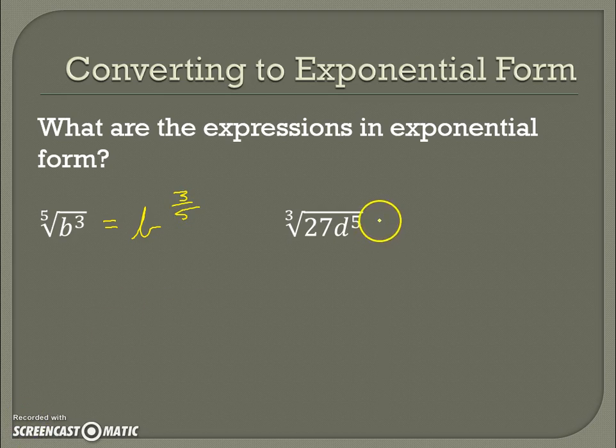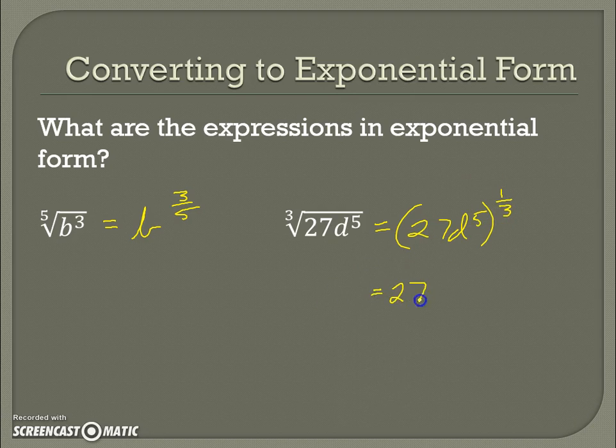And for the second one, I'm going to rewrite it in exponential form first. So I'm going to take what's in here, the radicand, and I'm going to rewrite that in parentheses. And then instead of it being the cubic root, I'm going to raise it to the 1/3. Now from there, this gets distributed to everything.